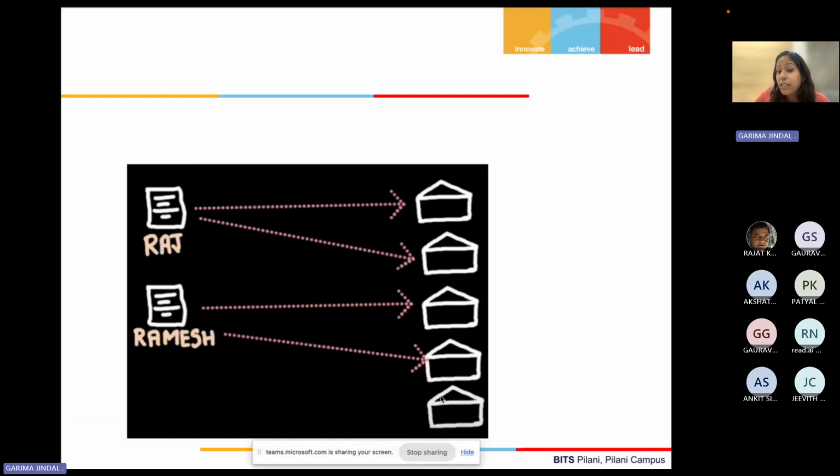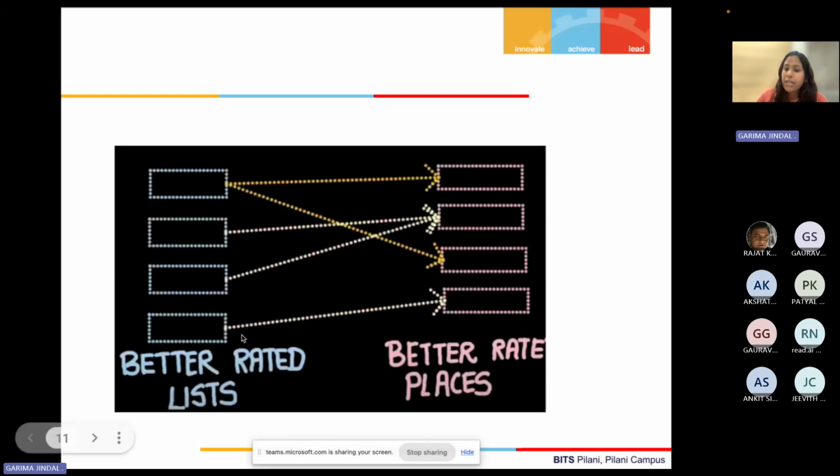Generally, better rated lists will suggest better rated places, and better rated places will be suggested by better rated lists. So this is a vice versa relationship between better places and better lists. The rating of the places and the rating of the lists grow hand in hand.